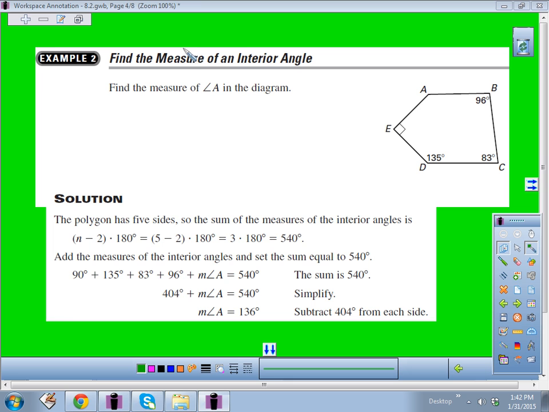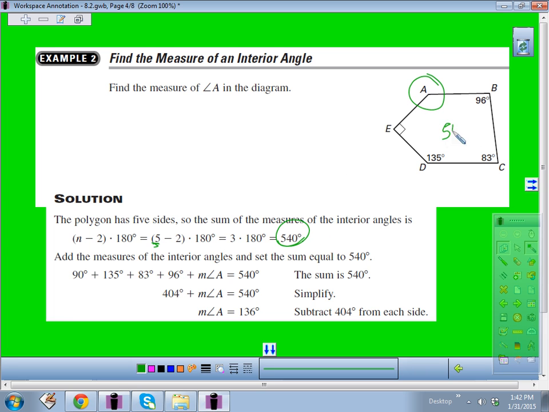Example 2 says find the measure of an interior angle. So we want to find this angle A. And we need to decide, well, what do all the angles inside of this figure add up to? And this is a 5-sided figure, so we would substitute 5 in for the n spot, the number of sides. 5 minus 2 times 180, 3 times 180 would give me 540 degrees.